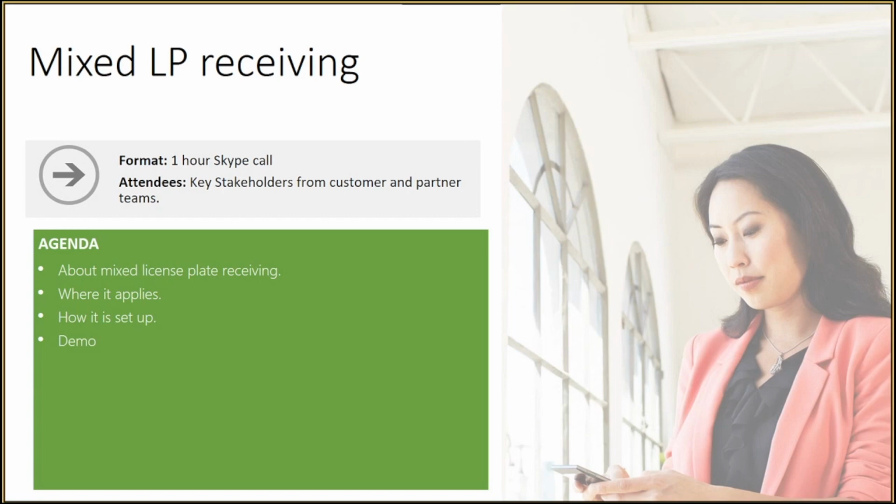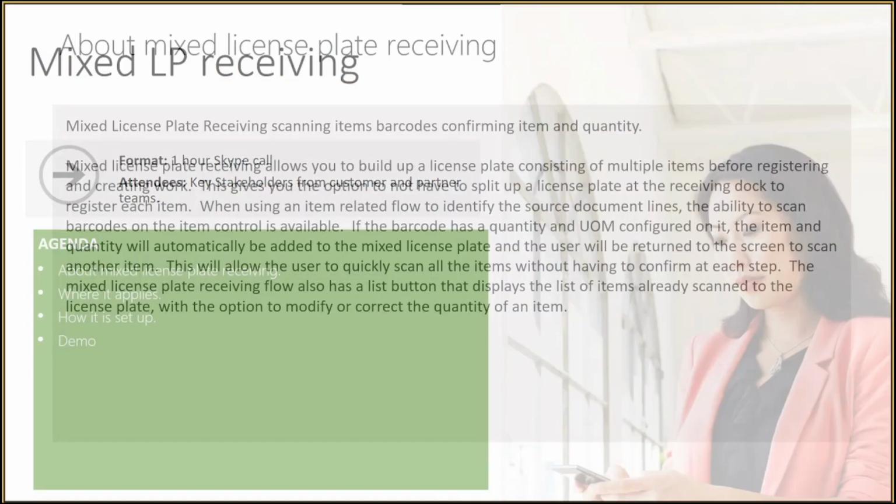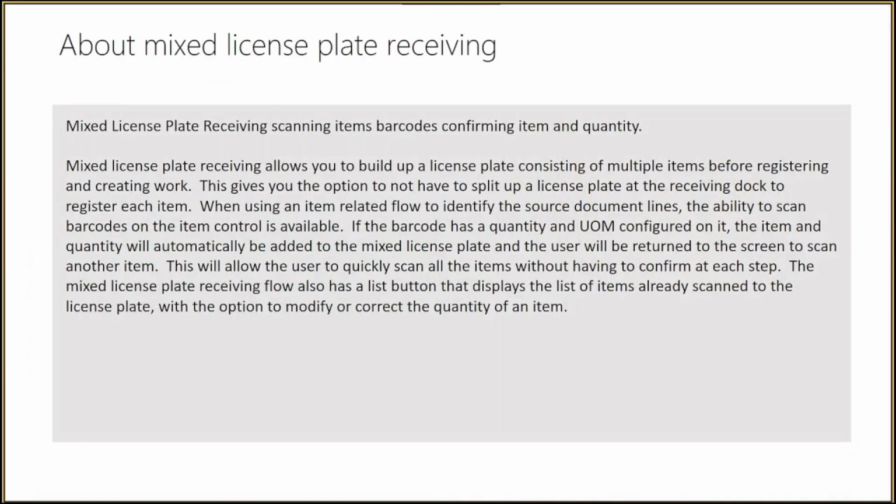Then we will cover where it applies, and then how it is set up. That's in the PowerPoints, and then we will do a demo of the feature on one of the live demo machines. So first, we will cover a little bit of history about this feature.